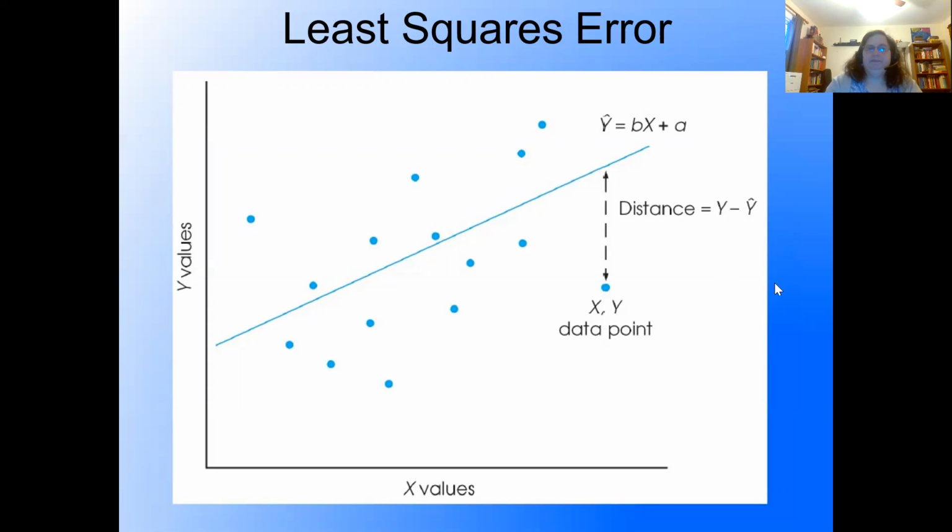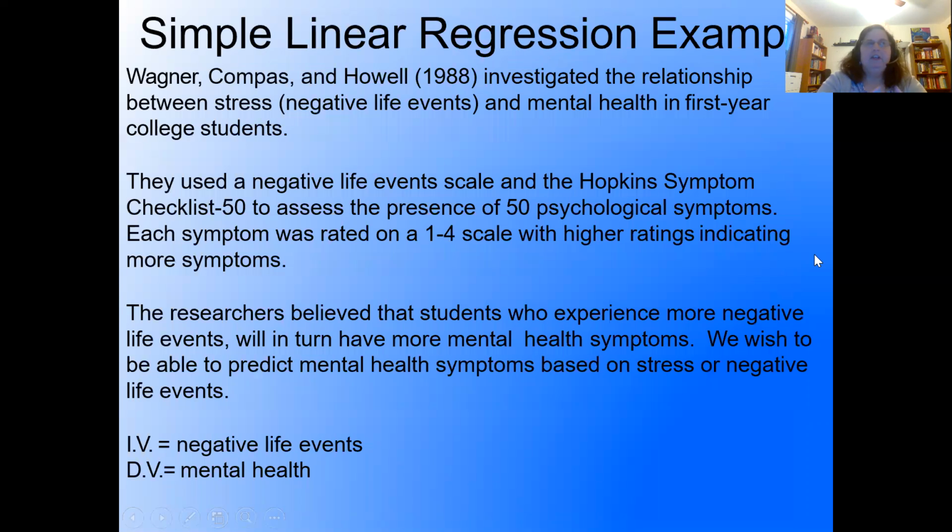Okay. Let's look at an example. Wagner, Compass, and Howell back in 1988 investigated the relationship between stress, measured in terms of negative life events, and mental health in first-year college students. They used a negative life event scale called the Hopkins Symptom Checklist 50 to assess the presence of 50 psychological symptoms.